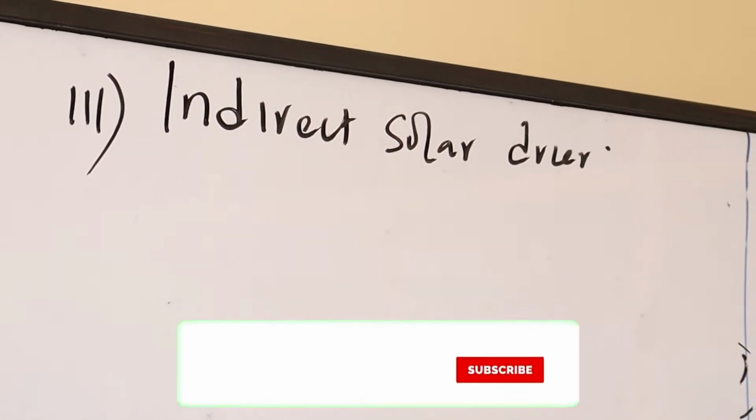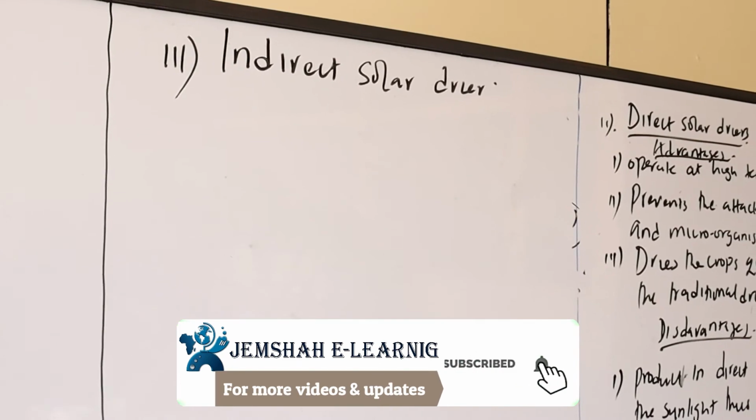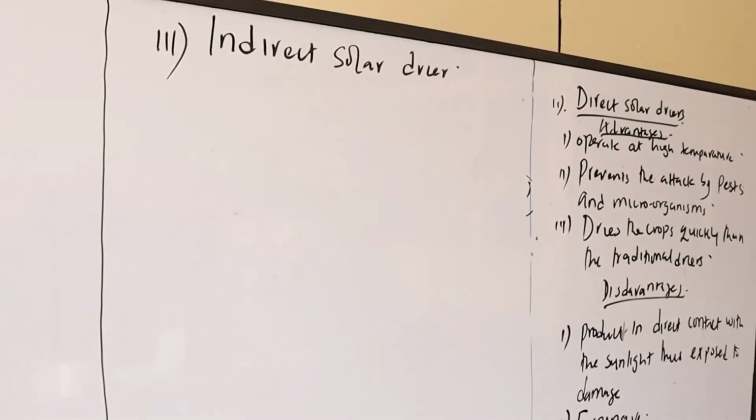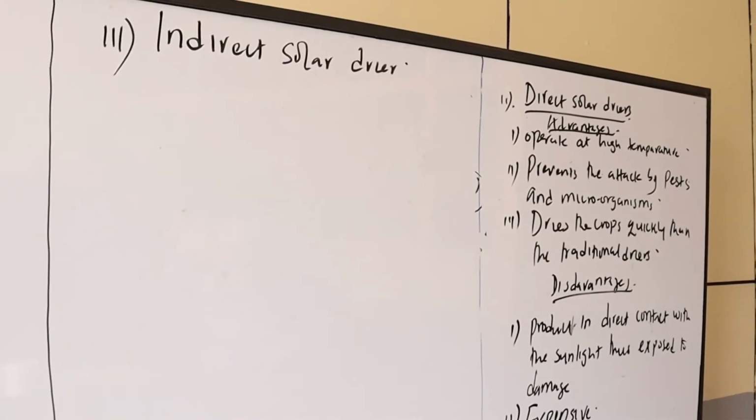The solar collector, in this case, will heat the air and dries by what we refer to as convection.